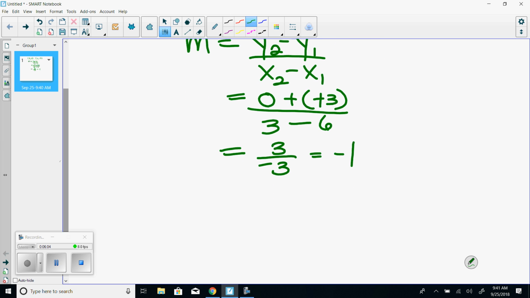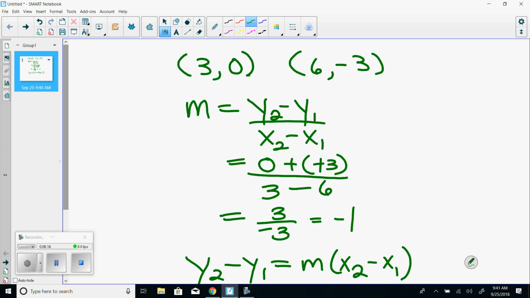So now that I have that, let's write the point slope form and plug in what we know. So I'm going to choose, you can choose one of these, you guys. Doesn't matter which one, it's going to come out the same. But of course I'm going to do (3, 0) because it's easier.